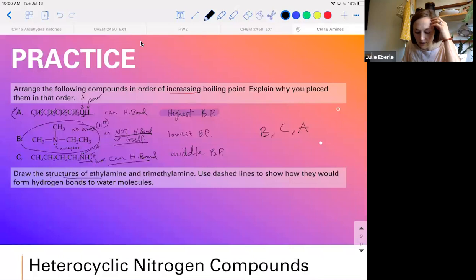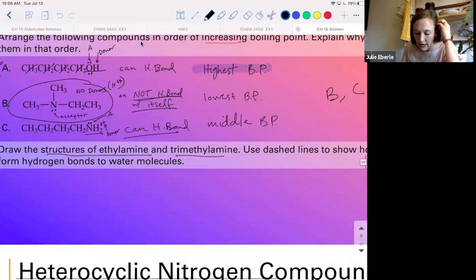Let's draw the structures of ethylamine and triethylamine. Use dashed lines to show how they would form hydrogen bonds to water molecules. I'm just going to do ethylamine for time's sake. It's already 10:06. Ethylamine. So we have nitrogen, and we just have one ethyl group. This is not diethylamine or triethylamine.